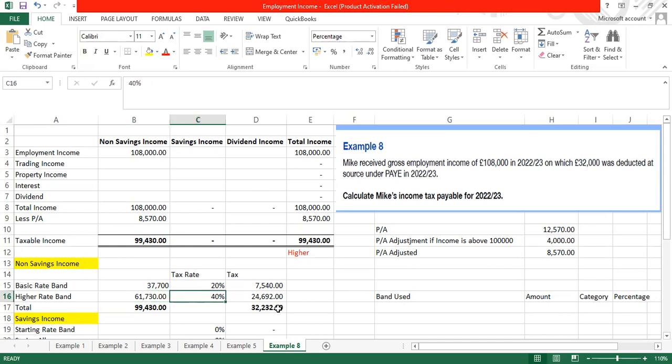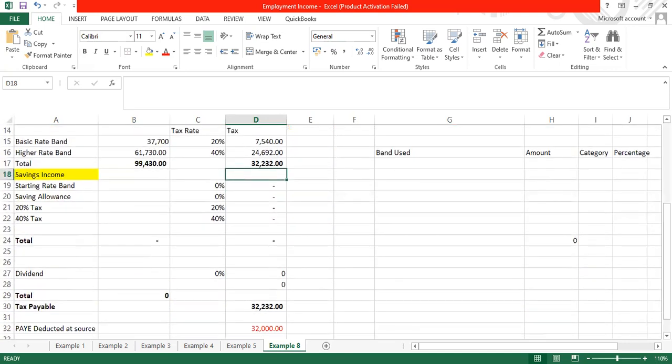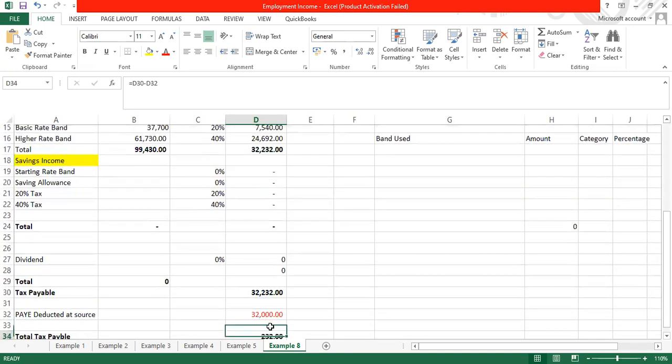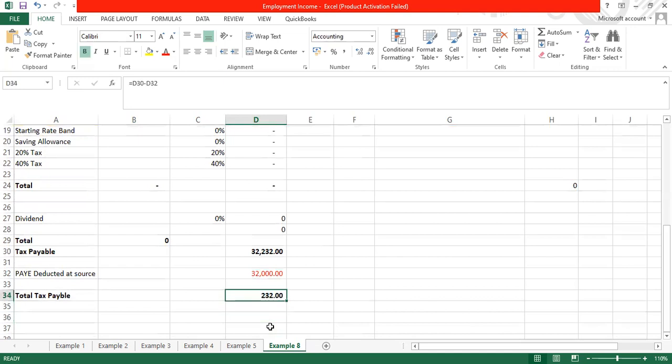So the total tax payable is 32,232. Because Mike paid 32,000 pounds through PAYE, we need to deduct this 32,000 pounds. So actually Mike needs to pay 232 pounds.